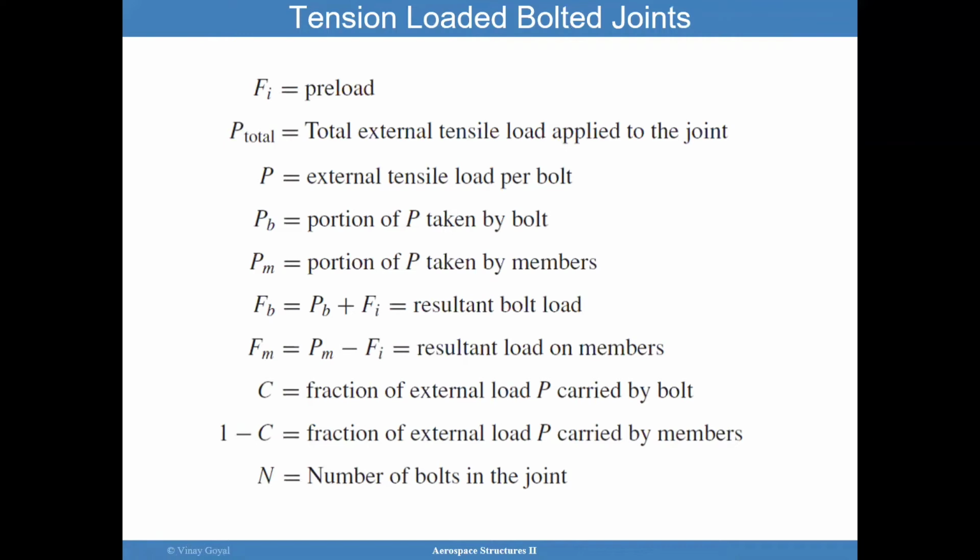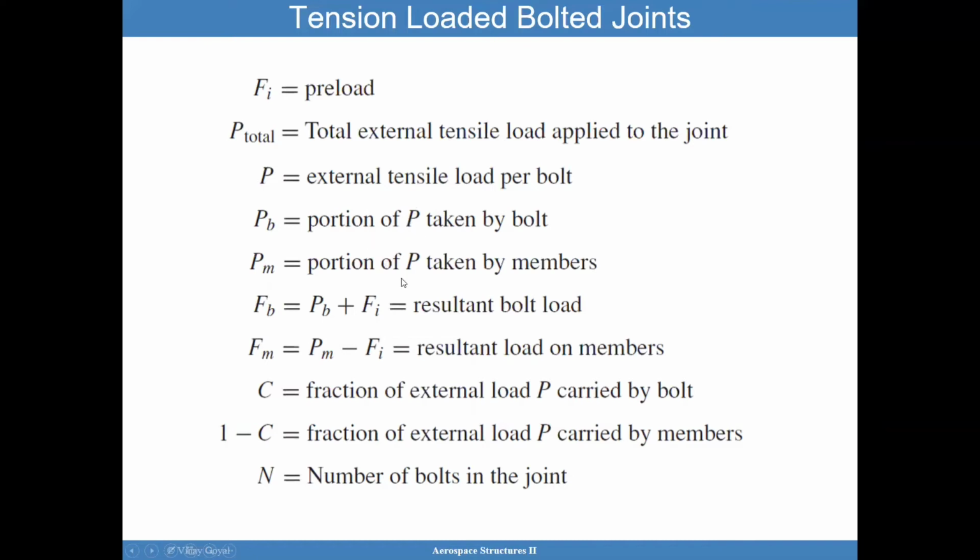Some of that load will be taken by the bolt, some by the members. So per bolt, I will have a load P, some of that goes into the bolt, some goes to the members. P total is basically P times the number of bolts I may have.